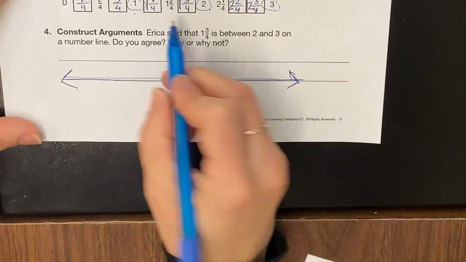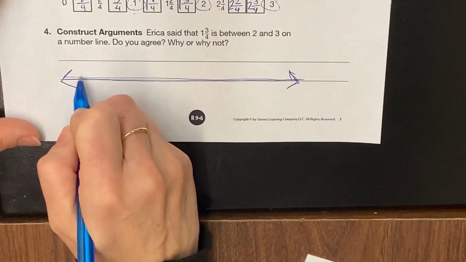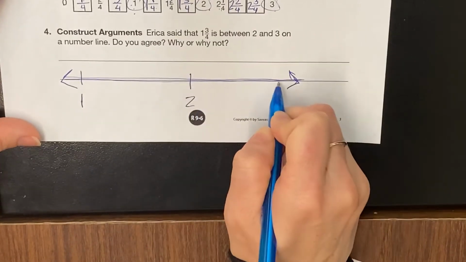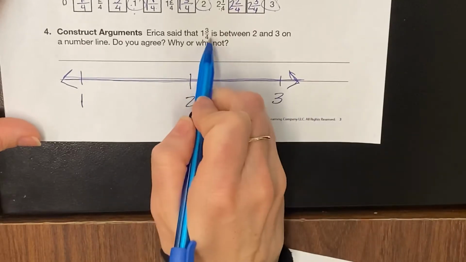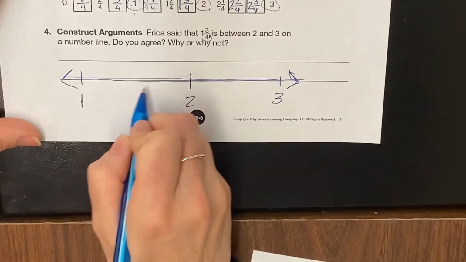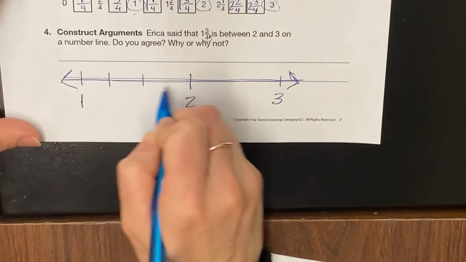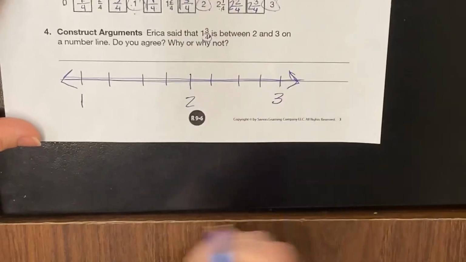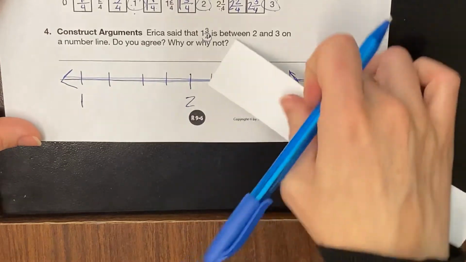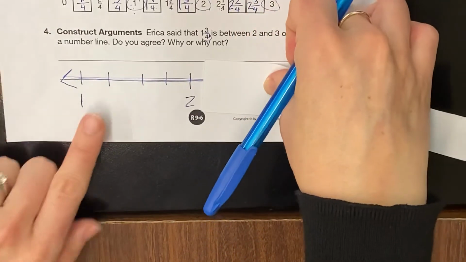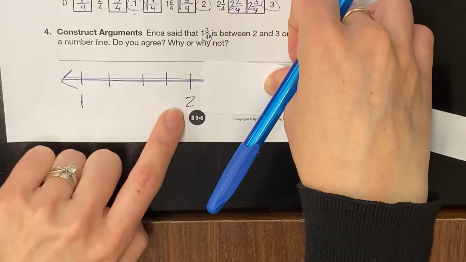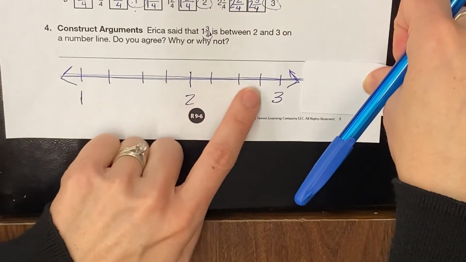So let's go from 1 to 3. And each whole is broken into 4 pieces. 1, 2, 3, 4. 1, 2, 3, 4. So when you're drawing this out, you should have 1, 2, 3, 4, and then 1, 2, 3, 4.